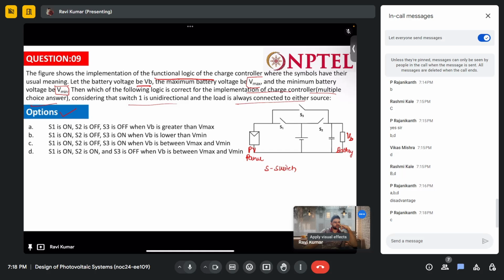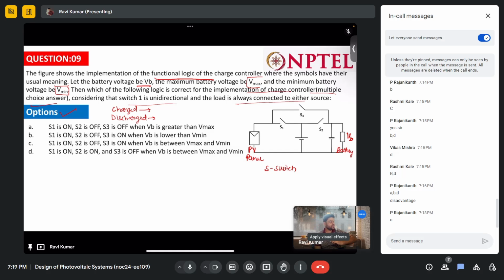Rajnikant said C, where S1 is on, S2 is off, and S3 is on, when VB is between Vmax and V minimum. Okay, do one thing. Simplest thing: identify for charging, when the battery is charged, when the battery is fully discharged.